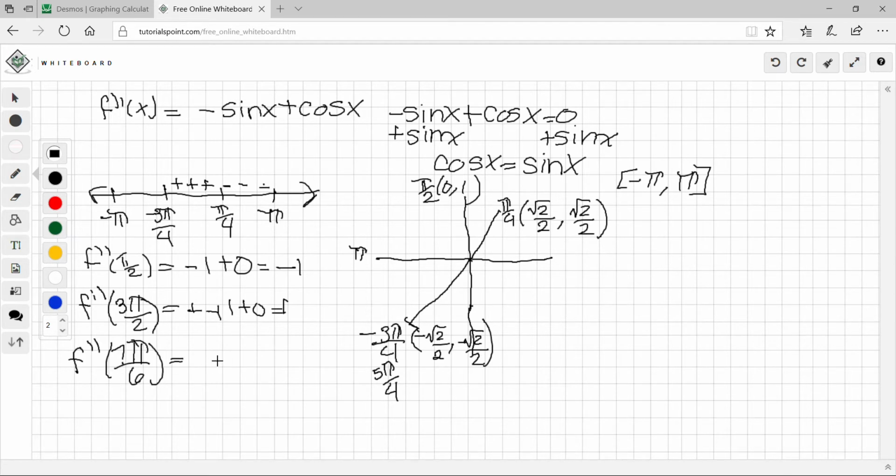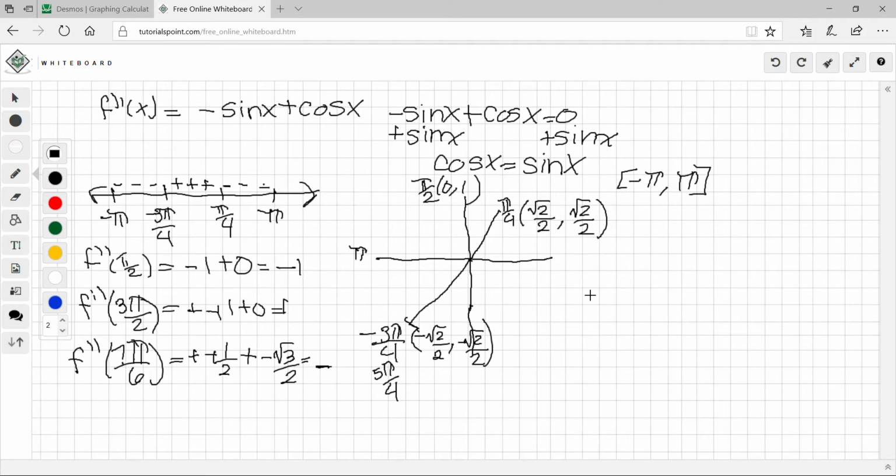So that's negative 1/2 plus negative root 3 over 2. Anyway, it's still a negative number.